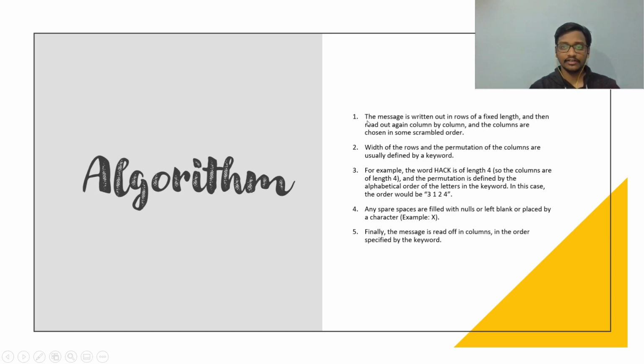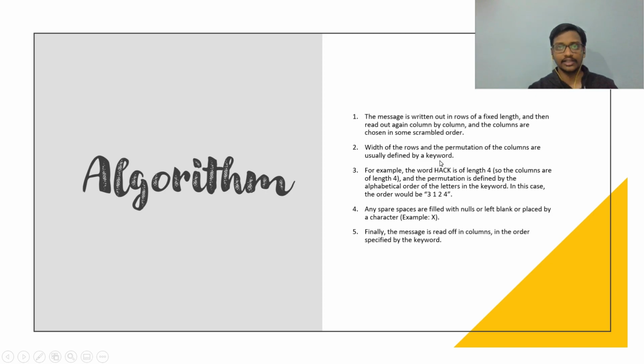So here is the algorithm. The message is written out in a number of rows of a fixed length and then read out again column by column, and the columns are chosen in some scrambled order. The plain text is written in rows of a fixed length and read out again column by column, with the width of the rows and the permutation of the columns usually defined by the keyword.